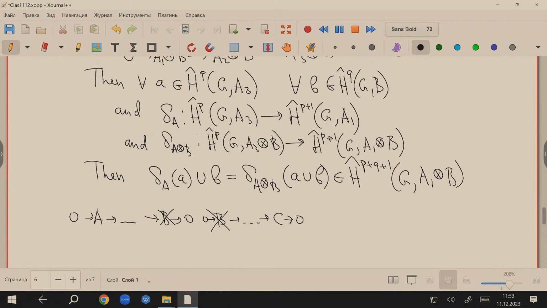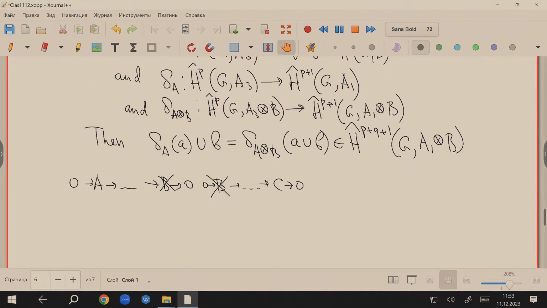This was precisely your question: how did we use this kind of shift? We put A into a co-induced module.